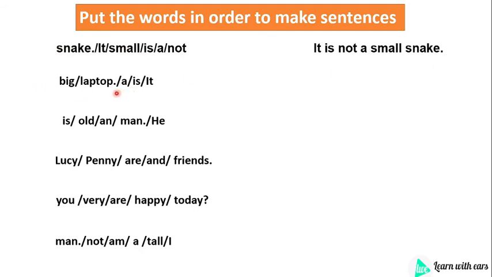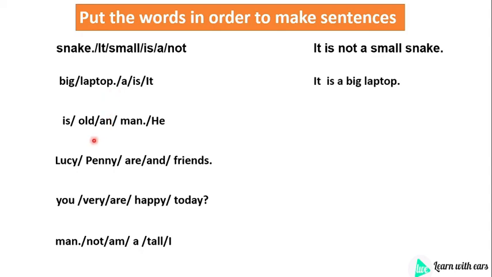Next, we have to search for the subject. So it is a subject and it is a singular subject. So we use is. It is. Okay. And then a. It is a. Then we use big. After that, laptop. It is a big laptop.